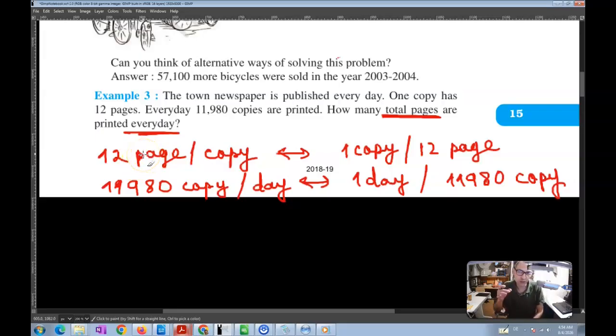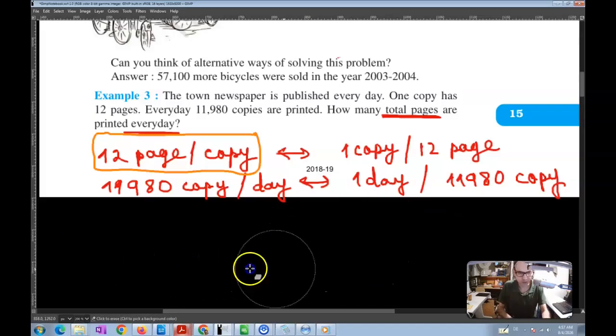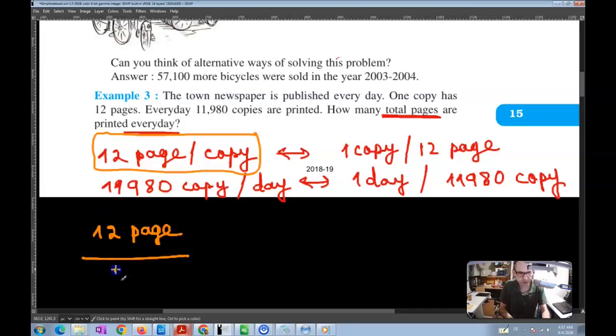You have to play with your proportions, and that gives you the solution very easily. You start with the information that has been given to you in the problem. For example, it's been given that every copy contains 12 pages. So I can write 12 pages per one copy, right? And you also have to keep in mind what you're actually looking for.